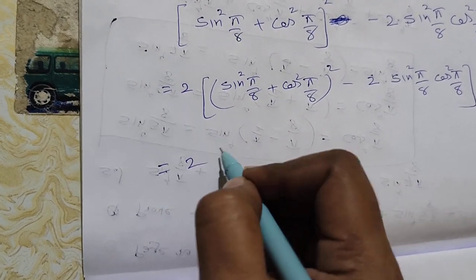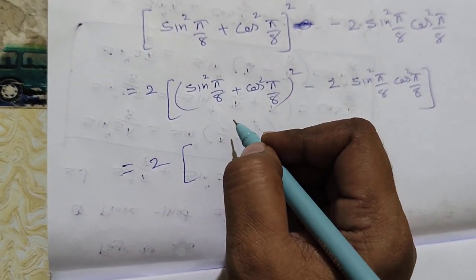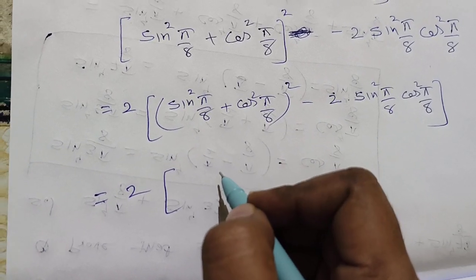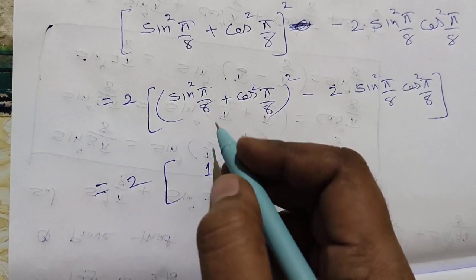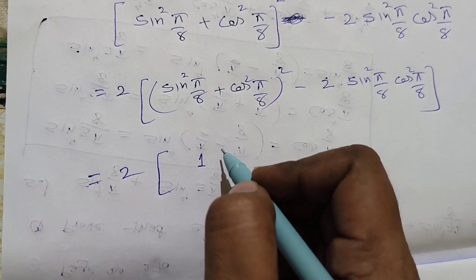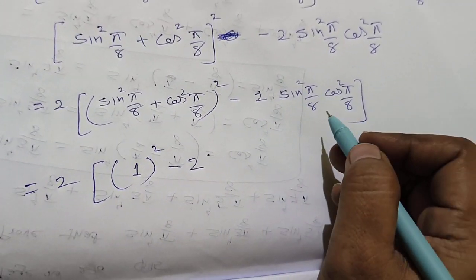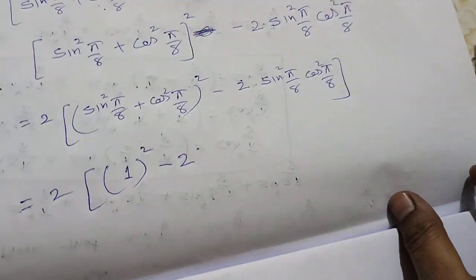This is equal to 2. Here we are applying the identity sine square theta plus cos square theta is equal to 1. Similarly, sine square pi by 8 plus cos square pi by 8 is 1 whole square minus 2 times. One more formula we have.